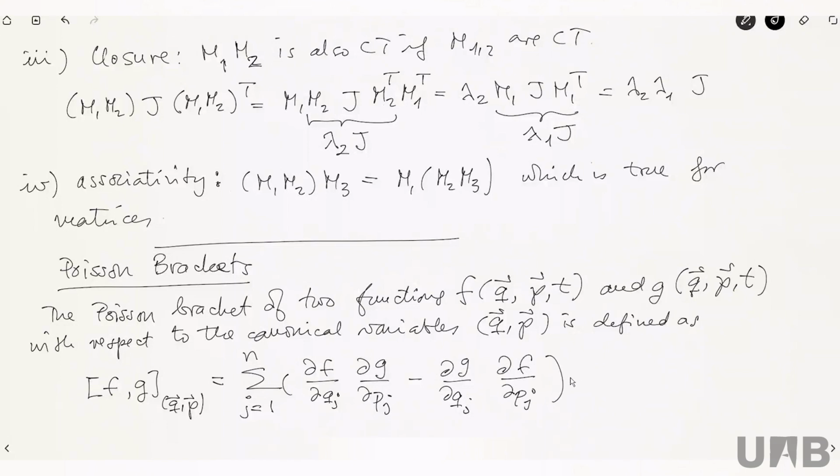Okay, so in a condensed notation, we could write this thing as partial of F with respect to Q, partial of G with respect to P, minus partial of G with respect to Q, partial of F with respect to P. Okay, so that's a definition.